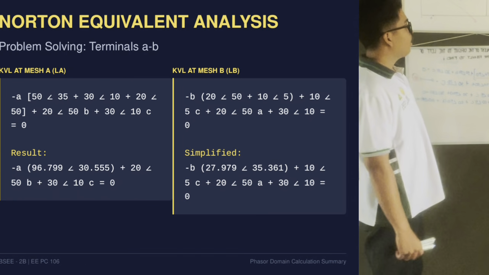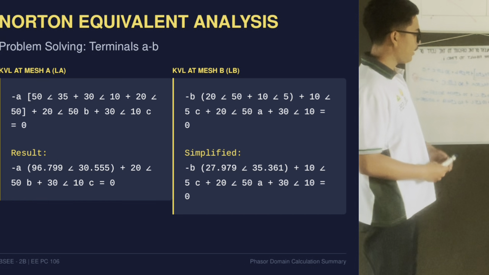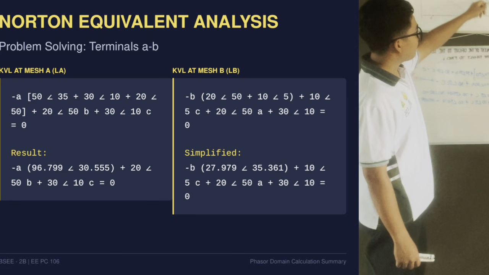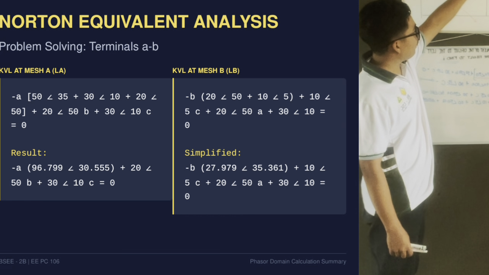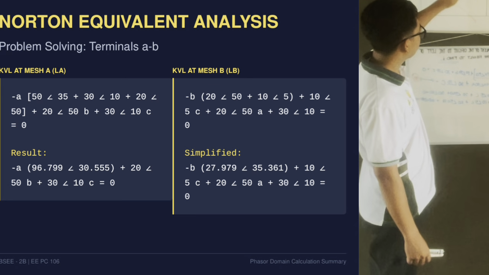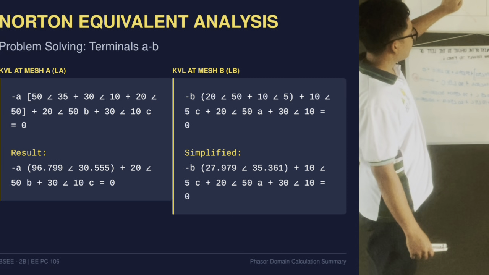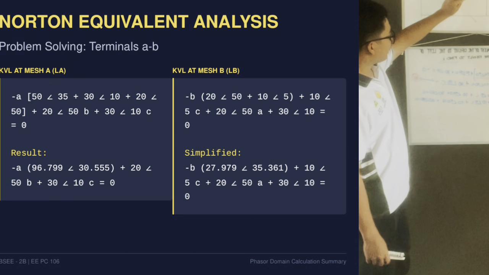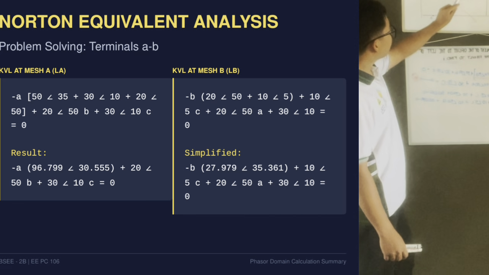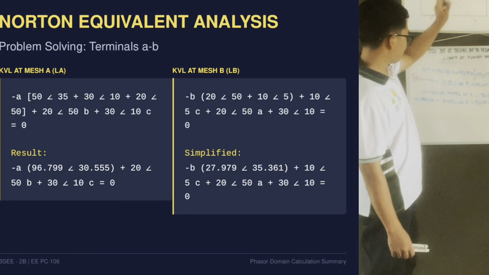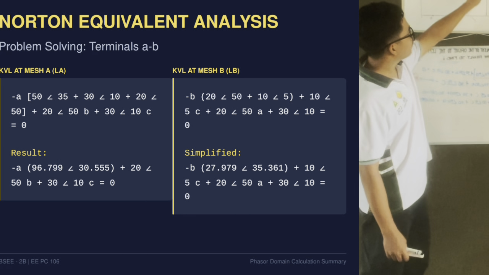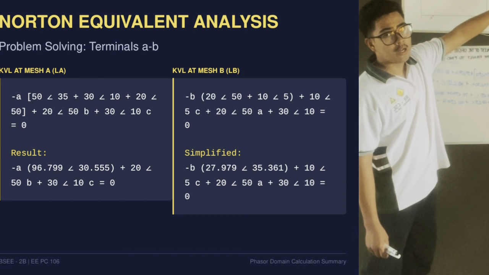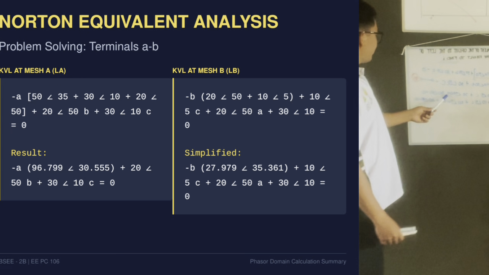In KVL at loop B, we have negative B times 20 angle of 50 plus 10 angle of 5, which is this, plus 10 angle of 5 times C, plus 20 angle of 50 times A, and lastly 30 angle of 40 volts, which is this.